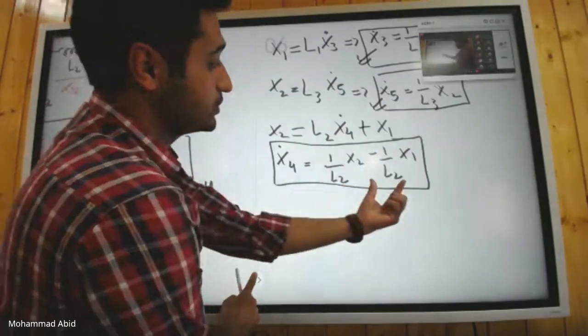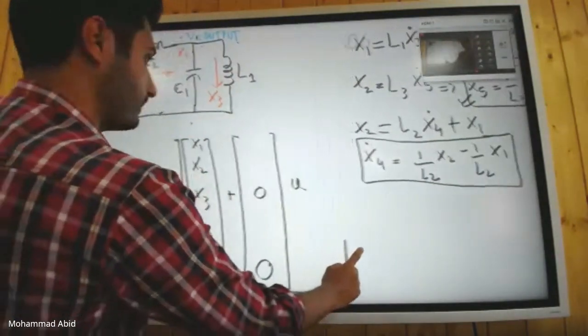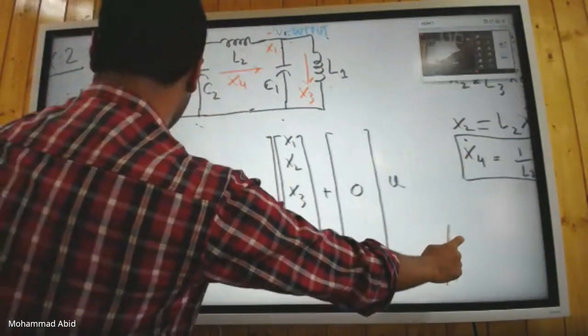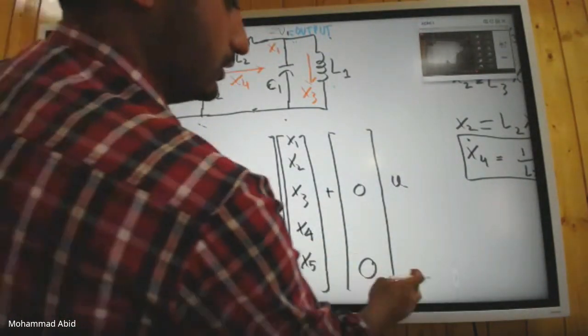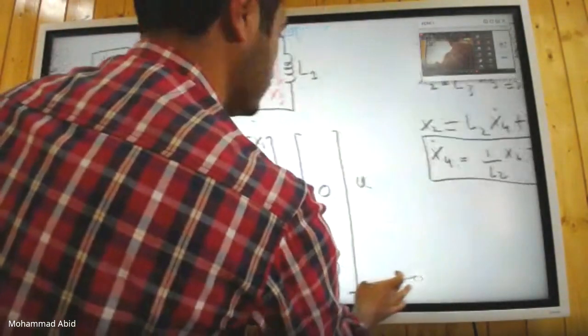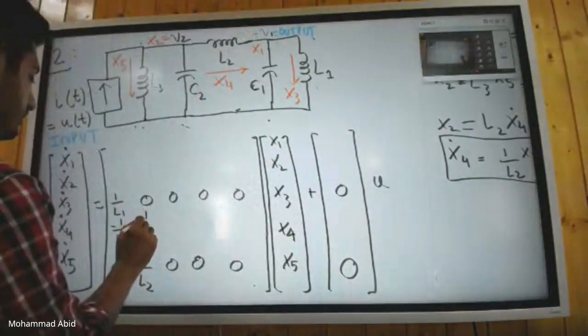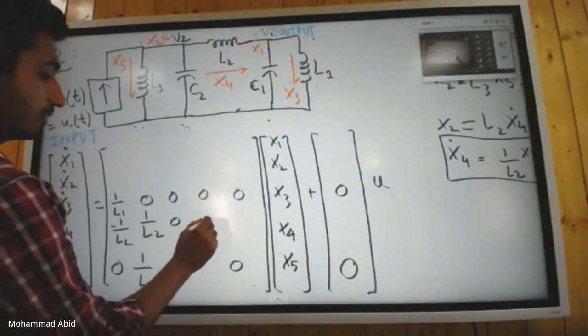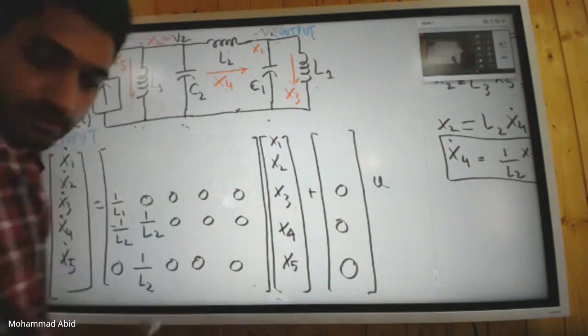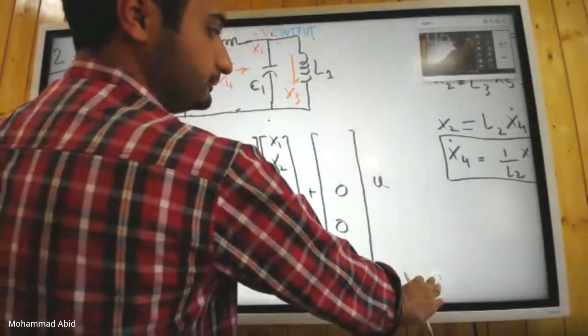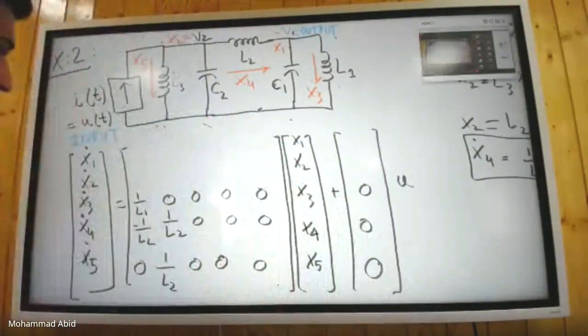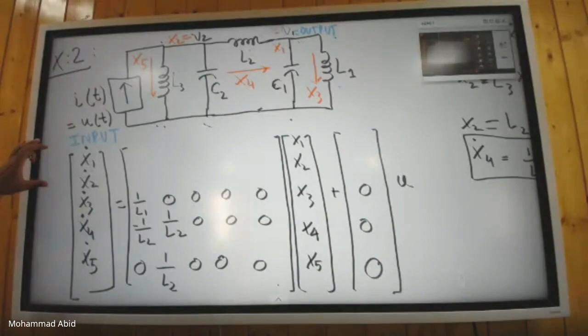So it has a relation of minus 1 by L2 with x1, and 1 upon L2 with x2. Rest are zeros. Are you following? Yes, sir. Any questions so far? No, sir. Okay. The next final job.